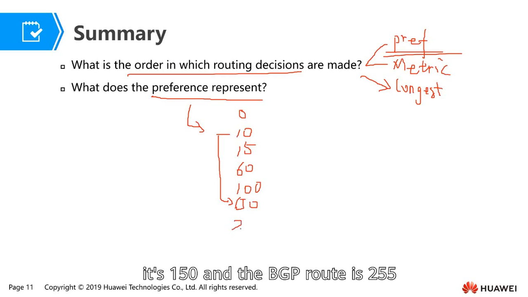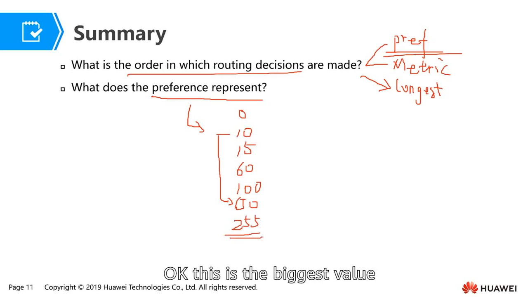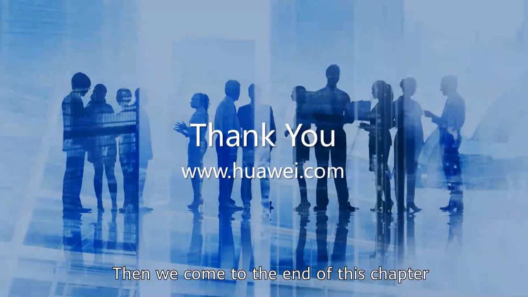Then the BGP route is 255. This is the biggest value. But other companies producing routers will use different values. Then we get to the end of this chapter.